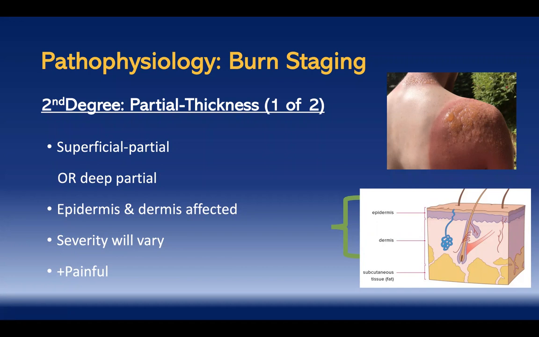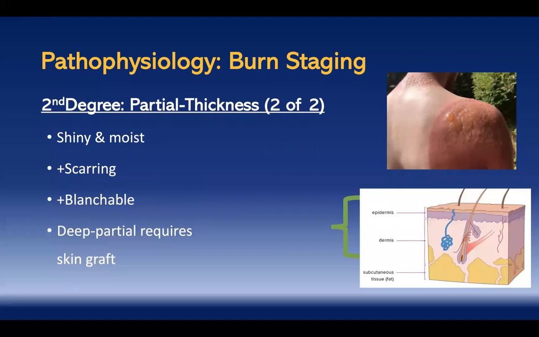Severity will vary on how far into the dermis this burn extends, and these are very painful. And as you see in this picture, blistering is very common in 2nd degree burns. The burn will appear shiny and moist. There is a risk for scarring with these kind of burns. The skin will be blanchable, so if you did press it, it would blanch.